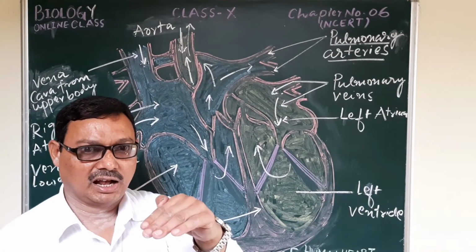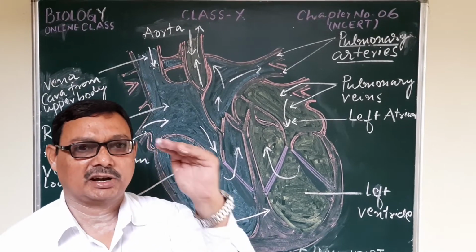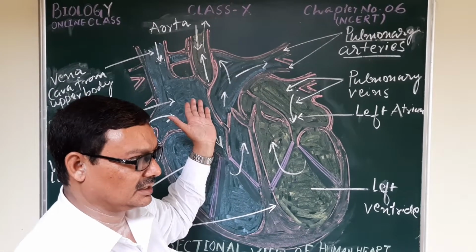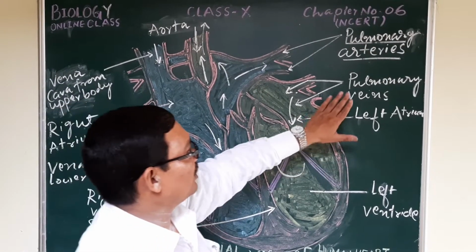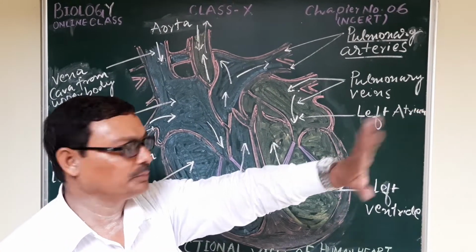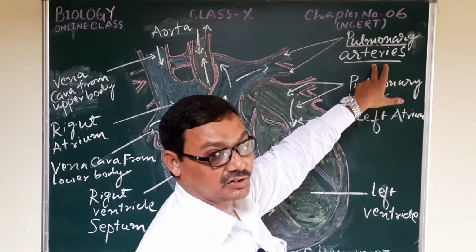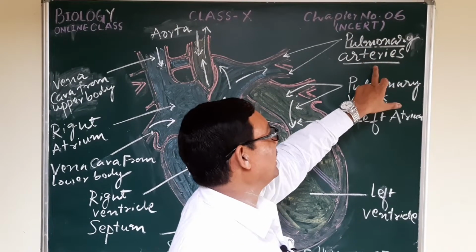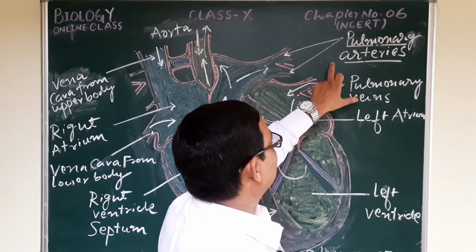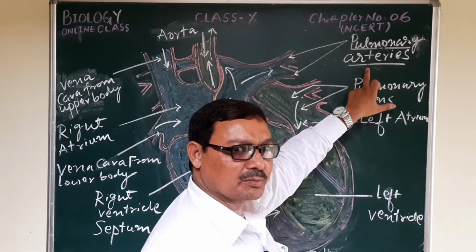From the artery, oxygenated blood will circulate, as we have seen in the functions, and from the vein, deoxygenated blood will flow. But here it is the pulmonary arteries, with a flow of deoxygenated blood.